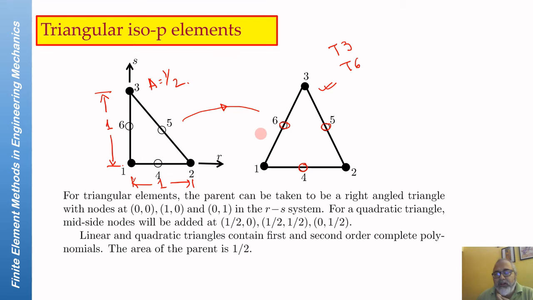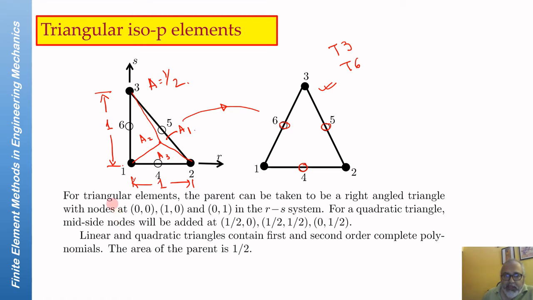Now a little bit about the triangular coordinates that we use, we have already talked about. So the coordinates of a point can be given in terms of the areas of these three triangles that divide the main triangle into three parts. So this one is called A3, its opposite node 3. This one will be called A2, and this will be called A1.